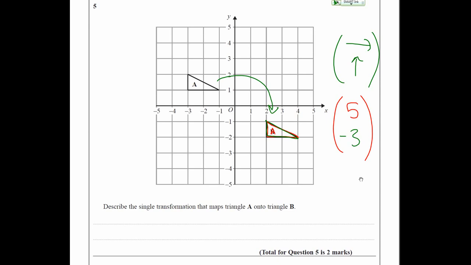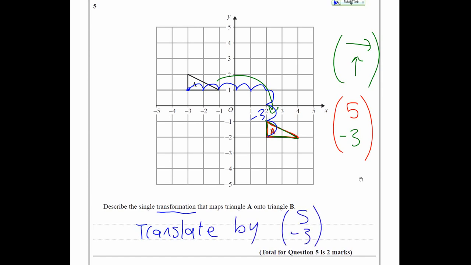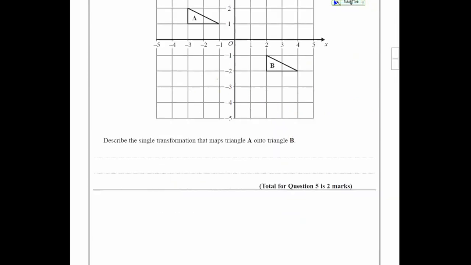If you didn't have the ability to move your shape on your paper, just do this. 1, 2, 3, 4, 5. 1, 2, 3. And that's down. Now, because it's a movement, you have to write the word translate, and then give the instructions 5 minus 3. You could just write to the right 5 and down 3, but I just think the vector form is much nicer.